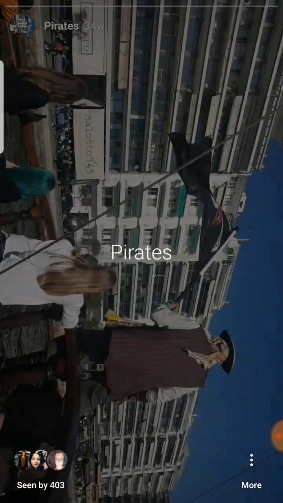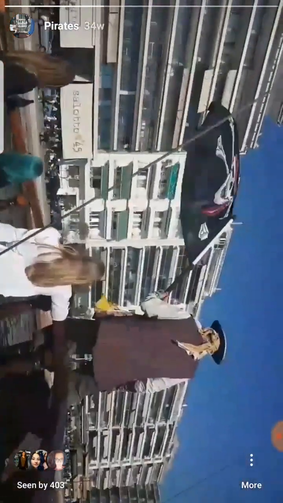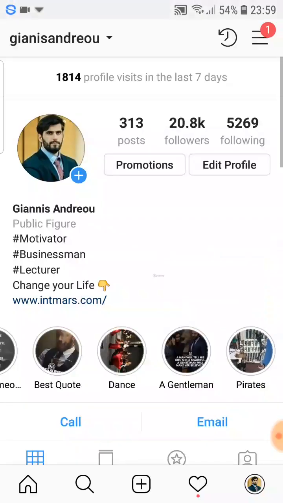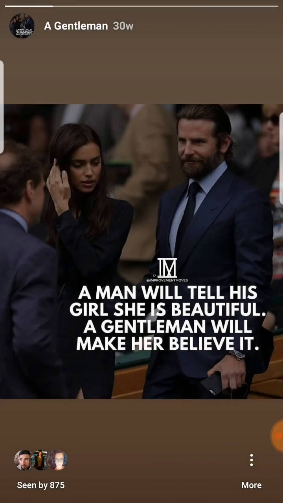And as you can see here on the bottom left, 403 people saw this post. Not so many people. Yanis back then probably did not have as many followers as he has now. This one is another example also.